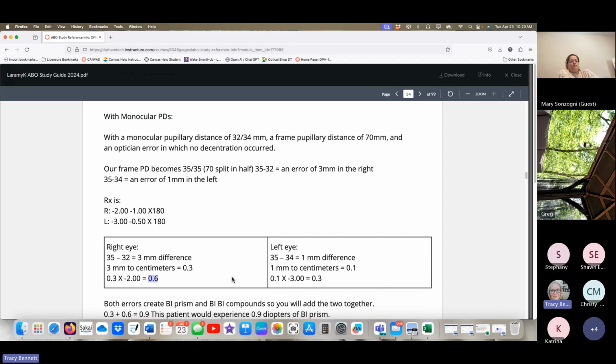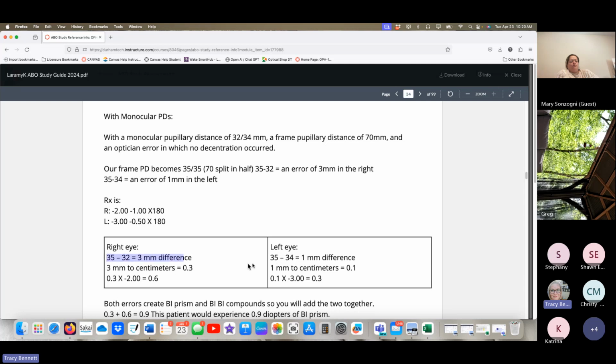So that error from not decentering this lens caused a little over a half of a diopter of error in the right eye horizontally. And then we just repeat the same thing for the left eye. We've got our frame PD minus the patient's left eye, and that results in 1 millimeter. So we're only off 1 millimeter in the left eye. You can add these two together and we're 4 millimeters off total.